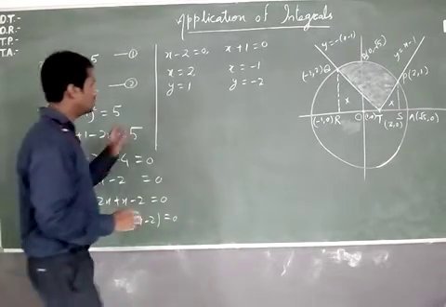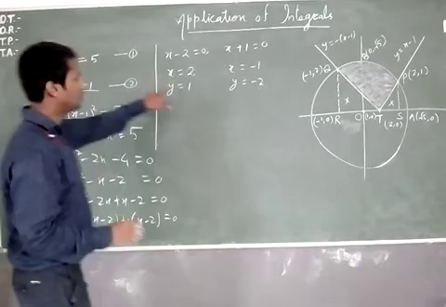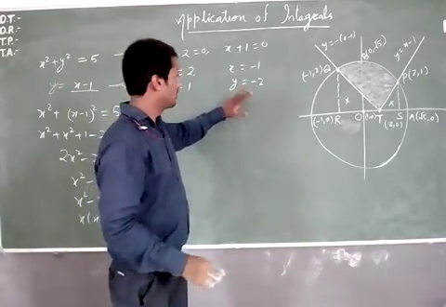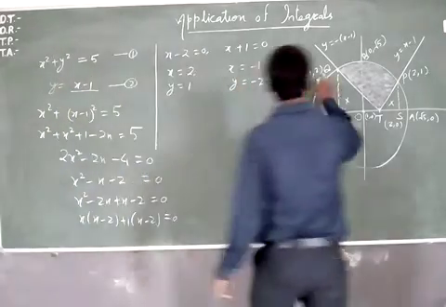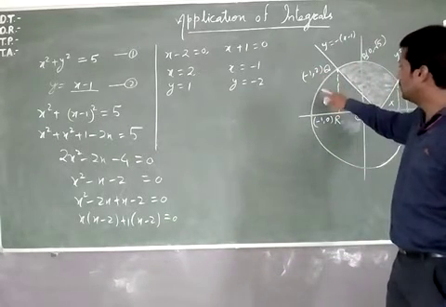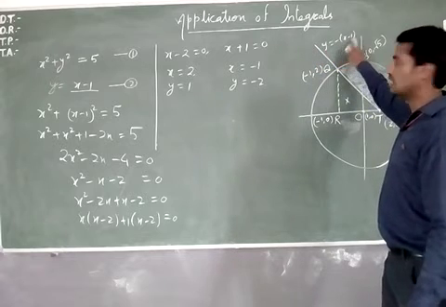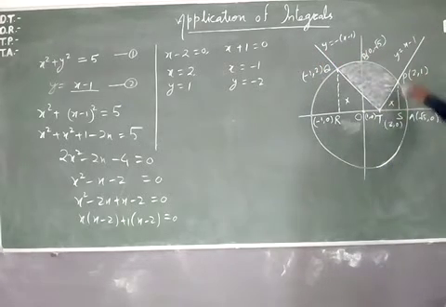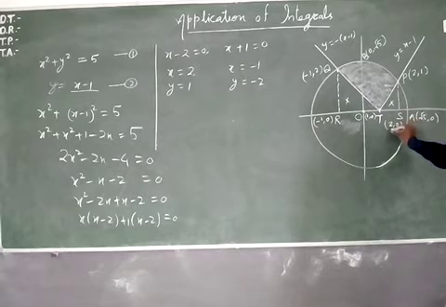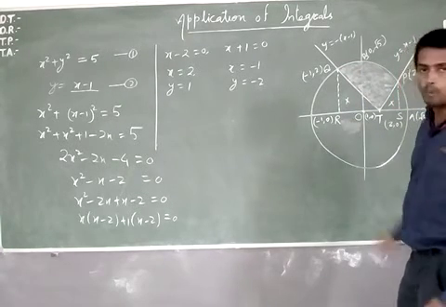After simplification, we have x equal to 2. If x equal to 2, we can put it here to find the value of y. If x equal to -1, y equal to -2, we can find. Similarly, we can find the intersecting point Q with the help of the equation of the circle and the equation of the line y equal to -x - 1. We can draw the perpendicular on the x-axis from the intersecting point. This point has coordinates (2, 0), and similarly we can find the coordinate of point R.